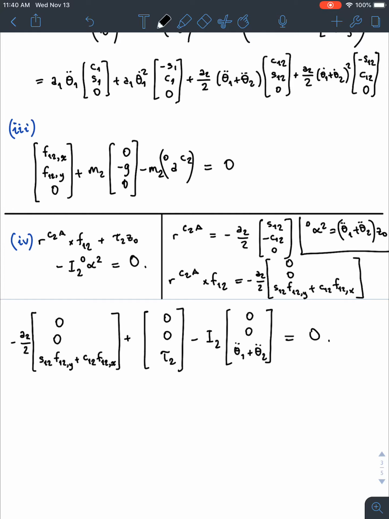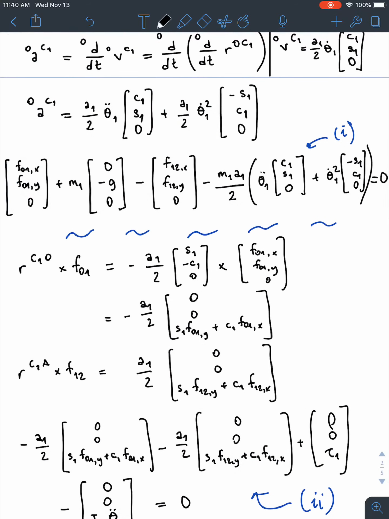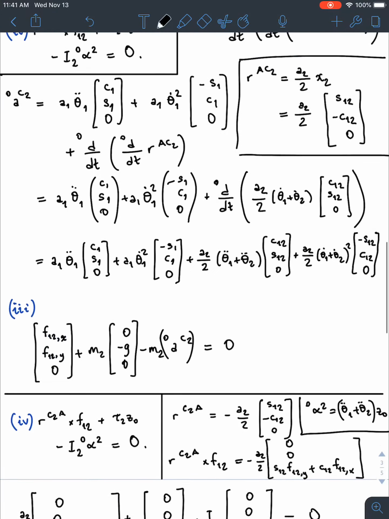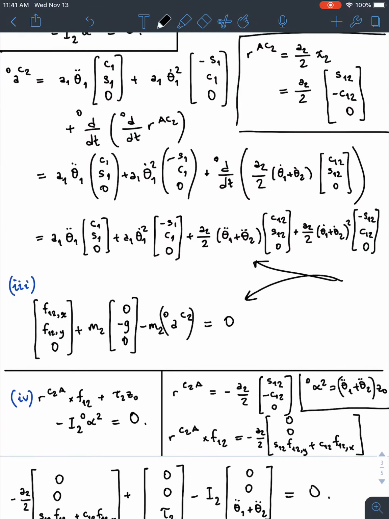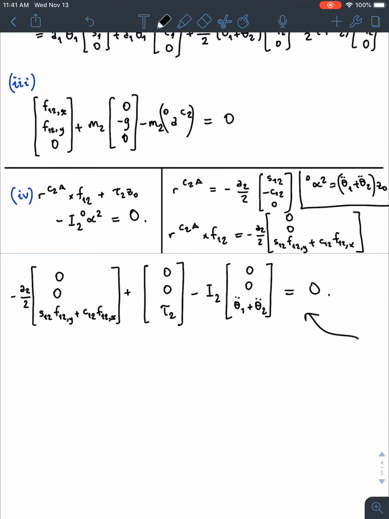To be complete, equation 1 here, equation 2 here, equation 3 here, and then equation 4 right here constitute the equations of motion. This is 4. Now we want to put this into a matrix times unknowns equals knowns form, so that we can just solve it using linear algebra, right?